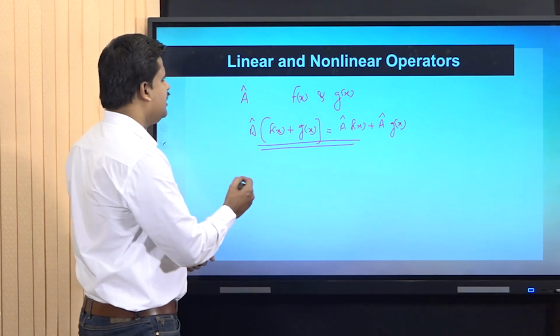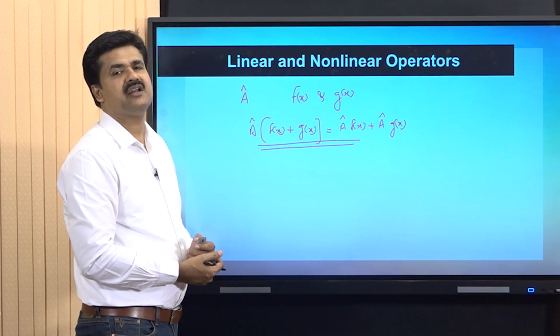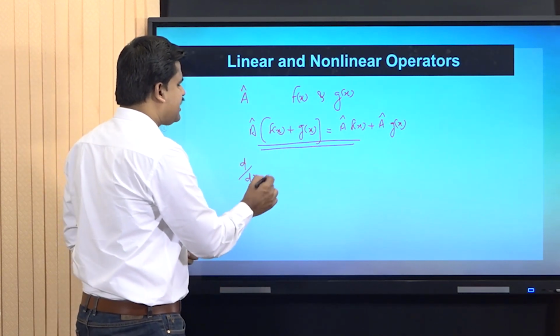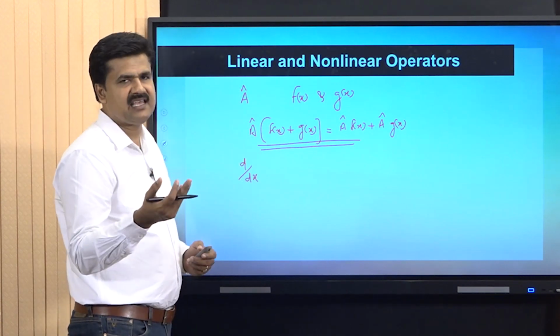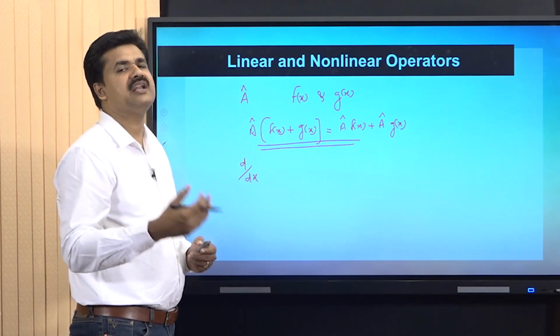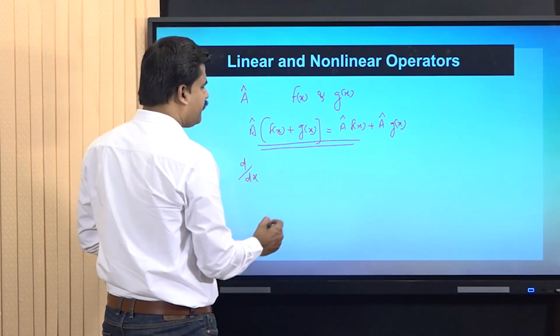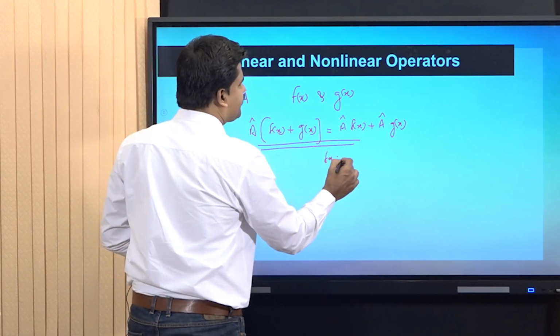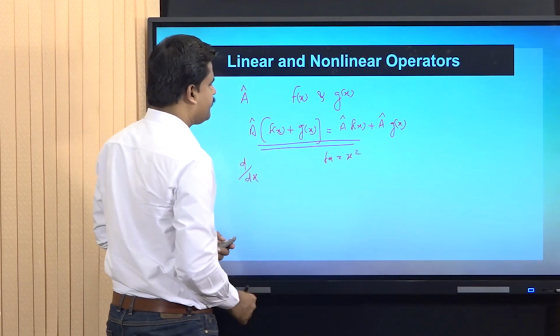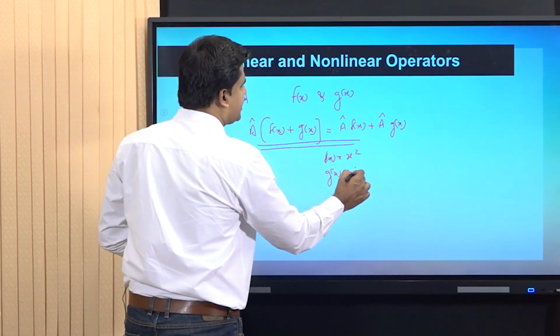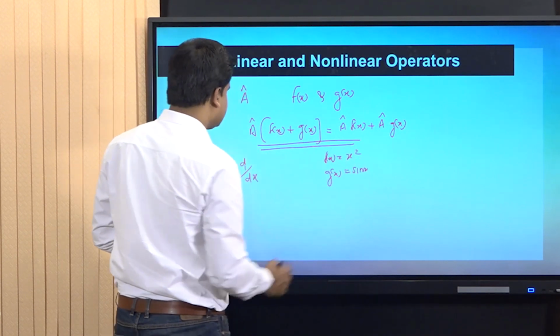Now we can take some examples of linear and non-linear operators. First of all, we can take the differential operator, that is d by dx. We can check whether it is a linear operator or a non-linear operator. Now I am taking two functions, let f of x equal x square and g of x equal sin x.